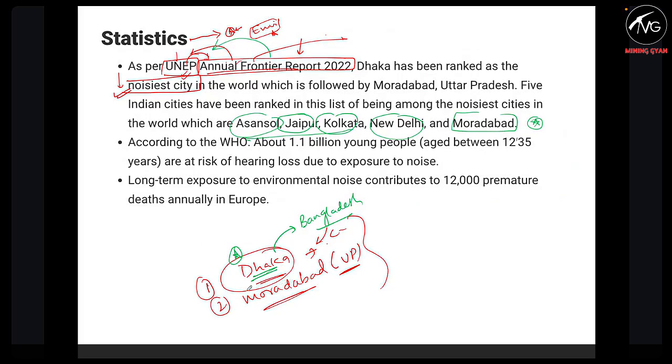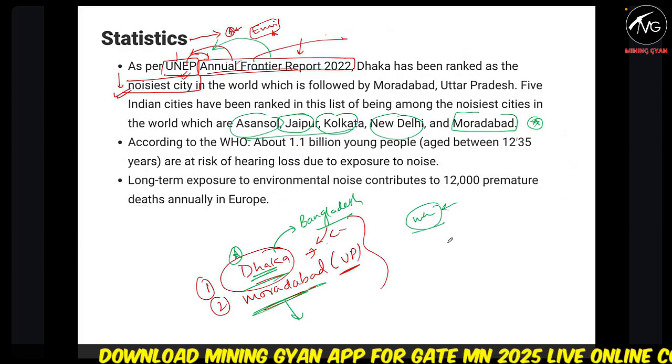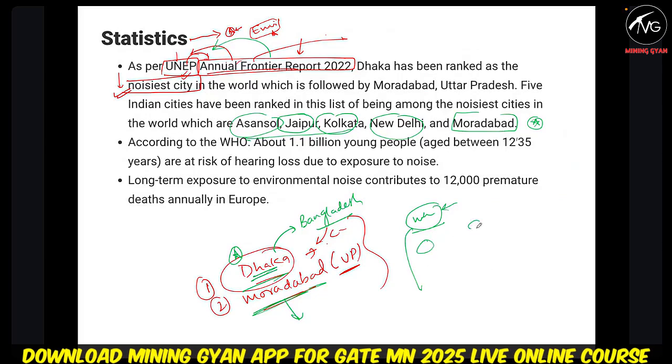And the second city is Moradabad. Or for the five cities of India, they can ask which city is not polluted, और noise pollution सबसे कम किस में होता है, सबसे ज़्यादा किस में होता है, they can ask you. And three of the options they will give: Asansol, Delhi, Kolkata, and one of the options they will give you Chandigarh or something else, है ना? So you should know.